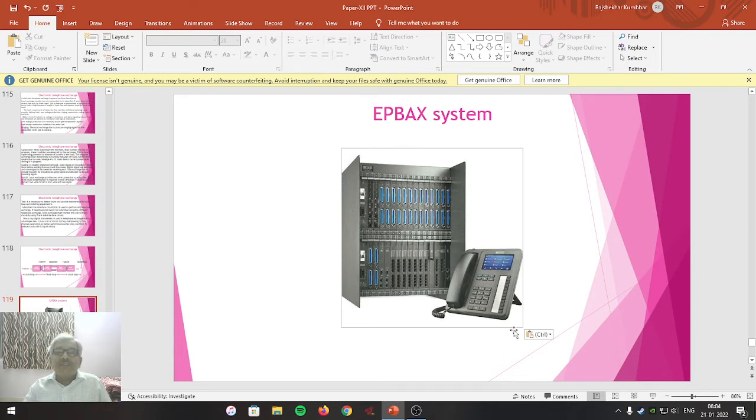Then such a system is established within a single room in the office, and this system is connected to the main telephone exchange and almost all the departments get connected with this particular system.